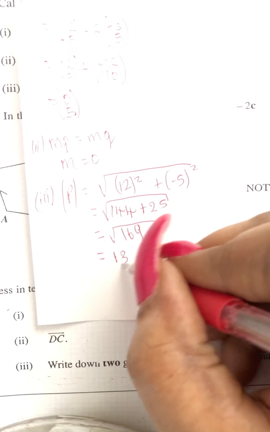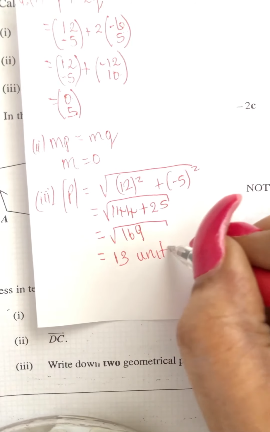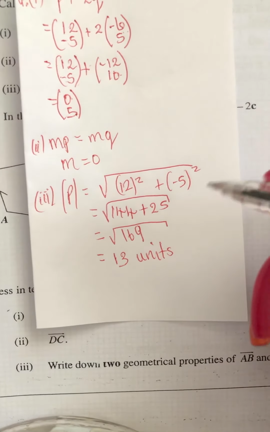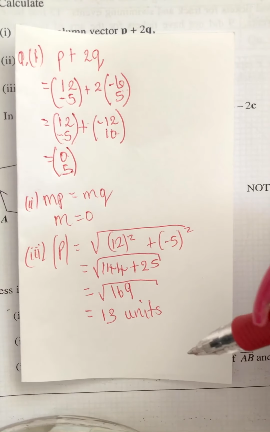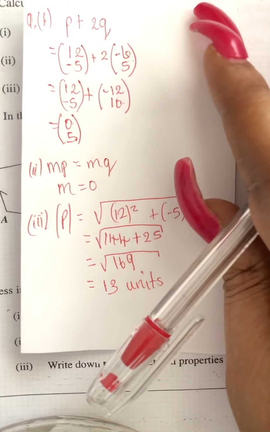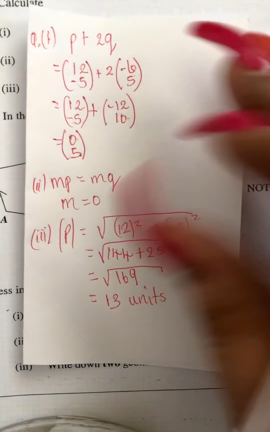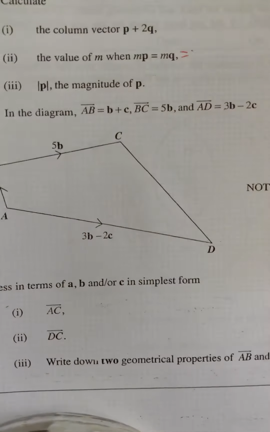Okay, this one was pretty straightforward. You will get exactly 13 units. You may review these questions on your own for your purposes.